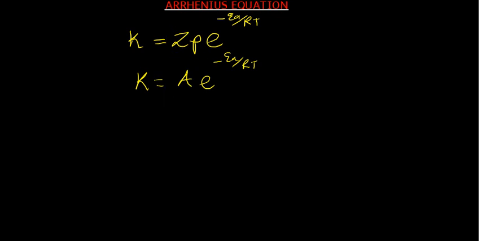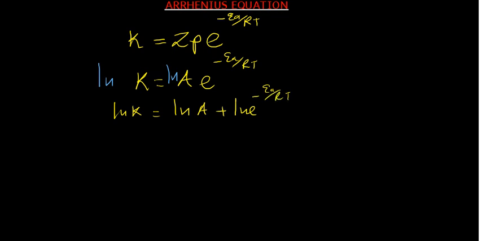Now, to make this equation in a linear form, we are going to introduce natural log on both sides. So introduce natural log here, introduce natural log there, and that gives us ln k is equal to ln A plus ln of e to the power negative EA divided by RT.